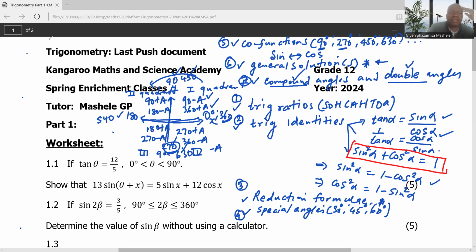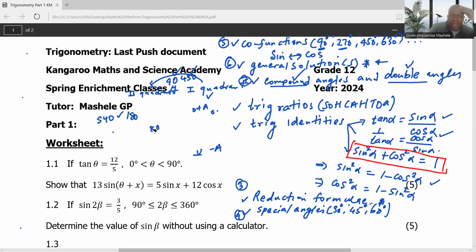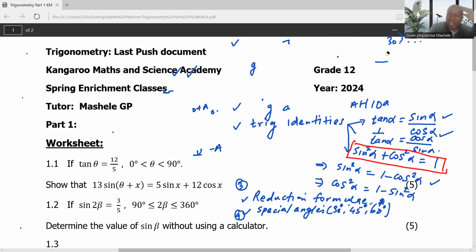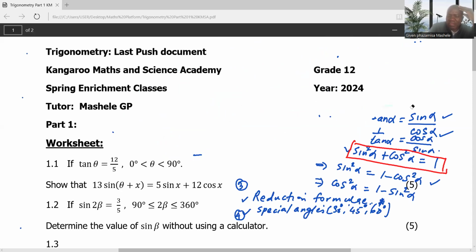Okay, all right, let us now solve the questions. Okay, the first one says if tan theta is equal to 12 over 5, where theta is an angle between 0 and 90, show that 13 sine of theta plus x is equal to 5 sine x plus 12 cos x.